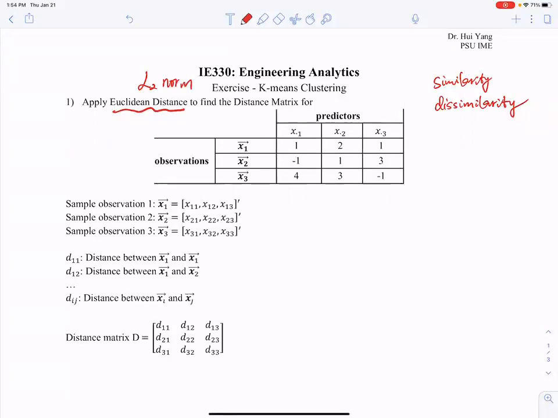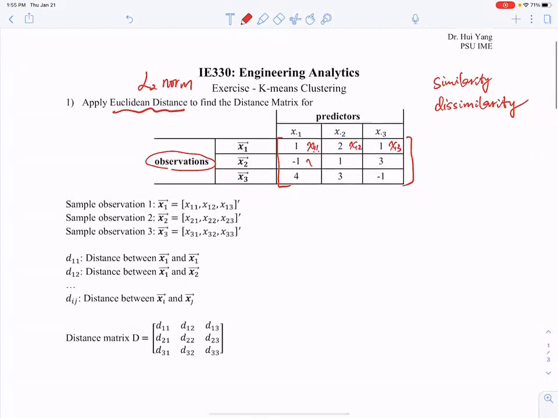So let's look at this data set. We have observations. So here is our data set. In this data set, we have x11, x12, x13. So the first subscript represents the index of the observation, and the second index represents the index of the predictor.